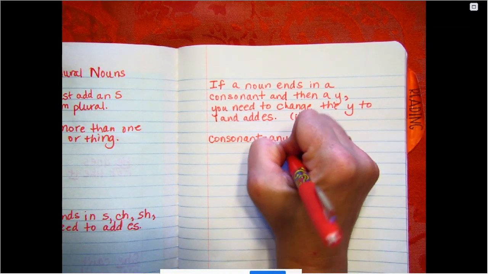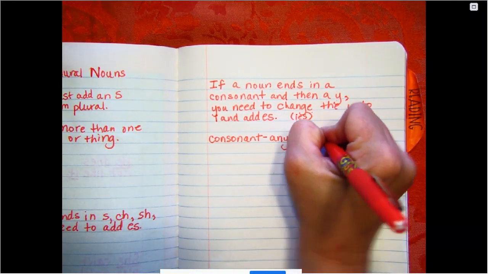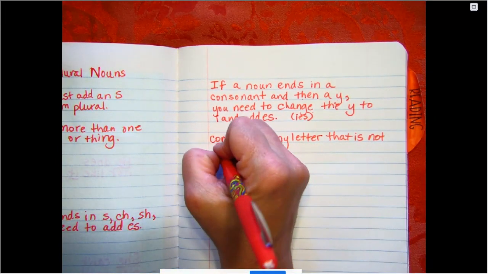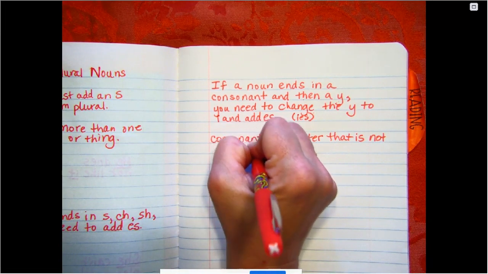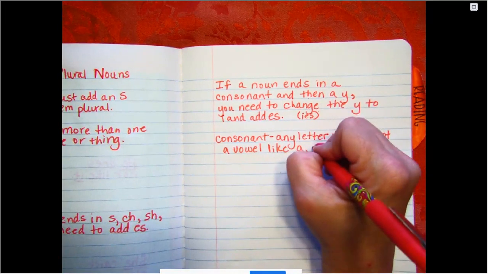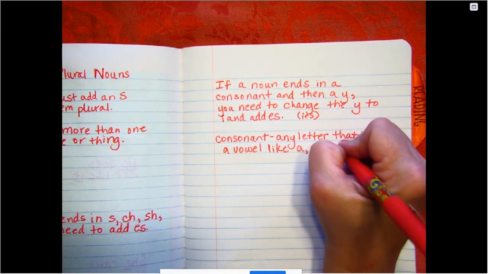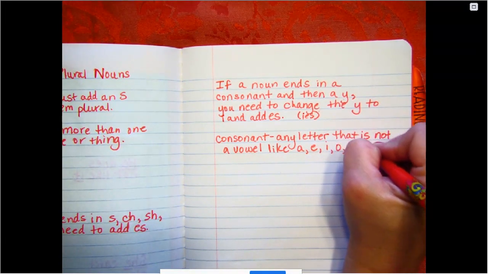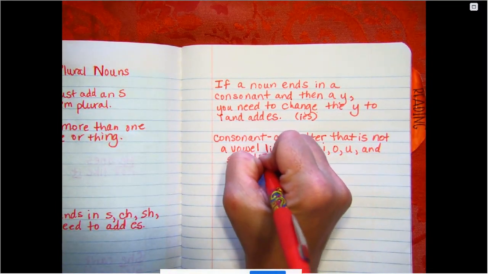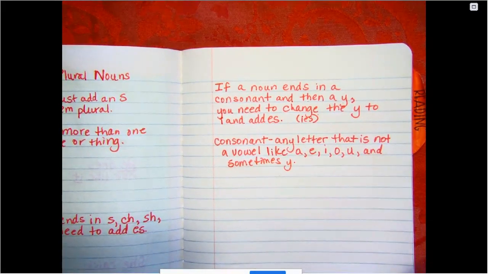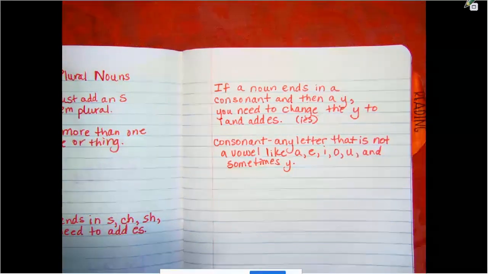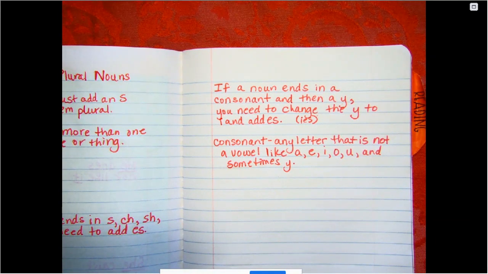A consonant is any letter that is not a vowel, like A, E, I, O, U, and sometimes Y. Okay, so that's what a consonant is. You need to go ahead and write that down. Go for it. You can pause that if you need to.